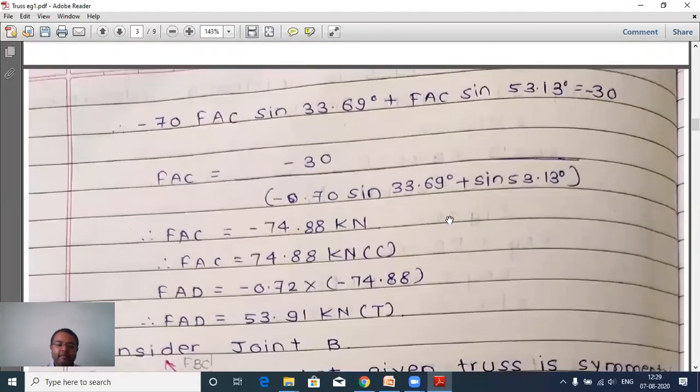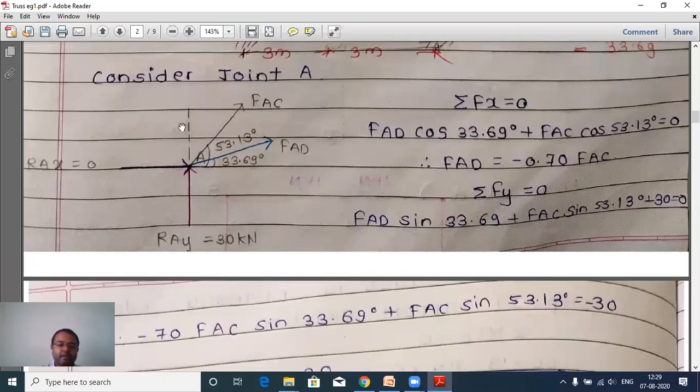this diagram was drawn by assuming FAC and FAD as tensile. By assuming this, we have got this relation.